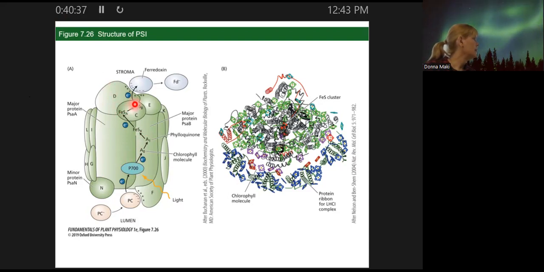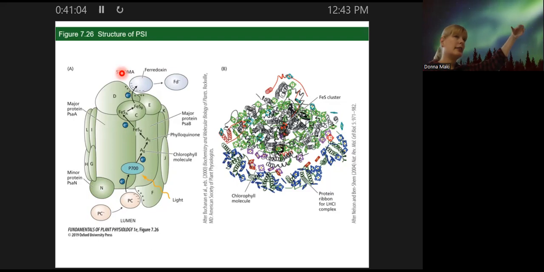Okay. Now iron sulfur B is going to be passing it off to this grayish looking molecule called ferredoxin. Ferredoxin is another mobile carrier. And it's associated with photosystem 1, but it's on the stroma side. Remember, photosystem 1 is transmembrane, so part of it sticks off into the stroma.